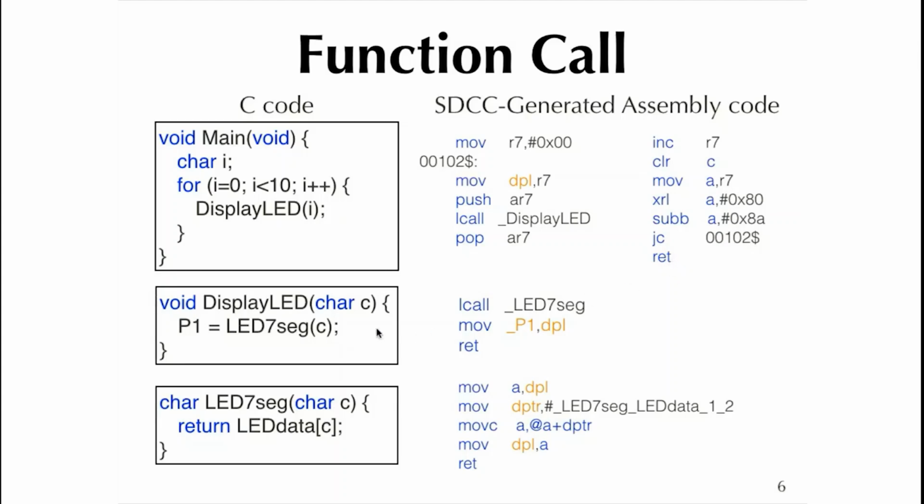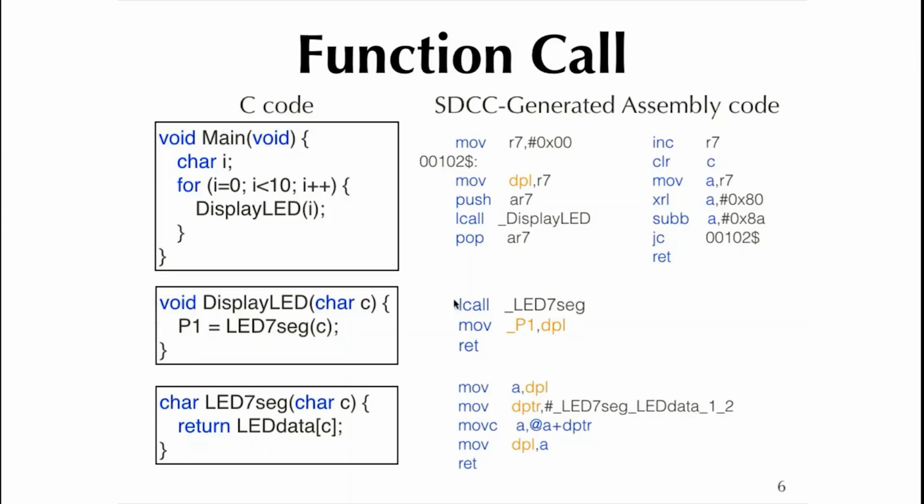Okay, and then display LED, what does it do? It does the LCALL to LED7 segment, and it does a little optimization because the incoming parameter is in DPL, and when you make a function call, that's already in DPL, so there's no need to copy DPL to DPL itself.